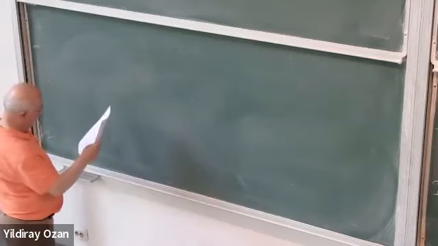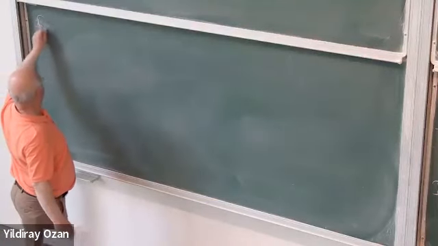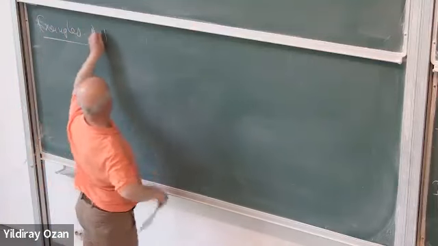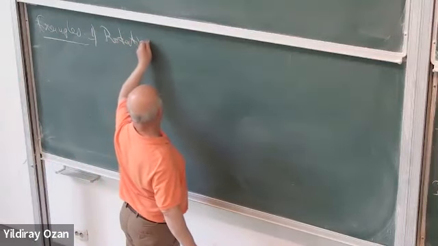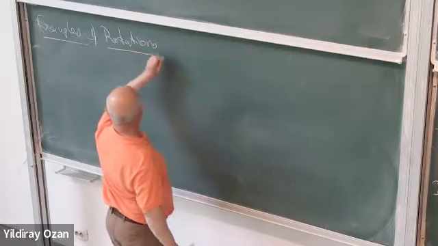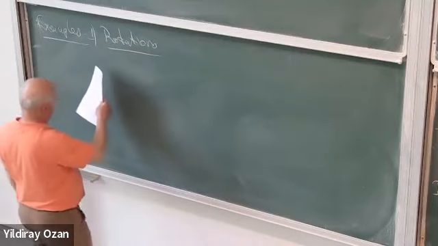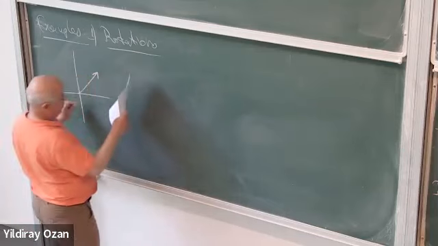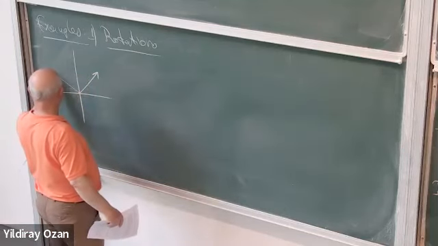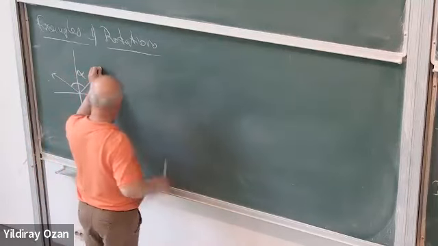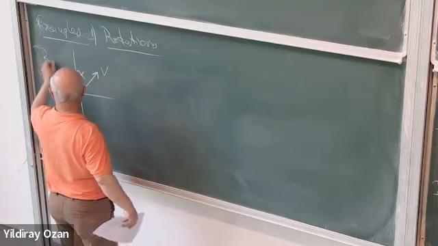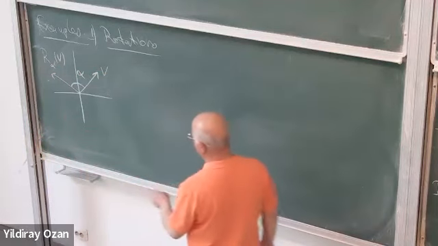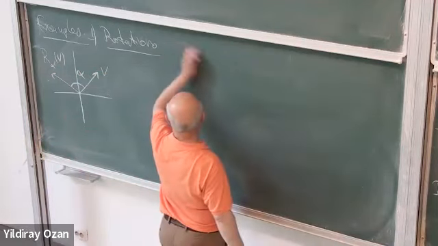Örnek verelim. Nasıl? Mesela şöyle. Diyelim ki bir vektör aldınız, ne kadar döndürdünüz. So, R alpha. So R alpha is a rotation.